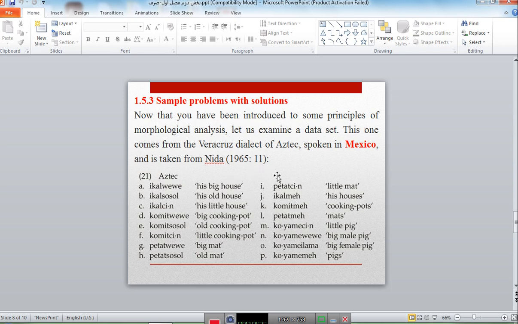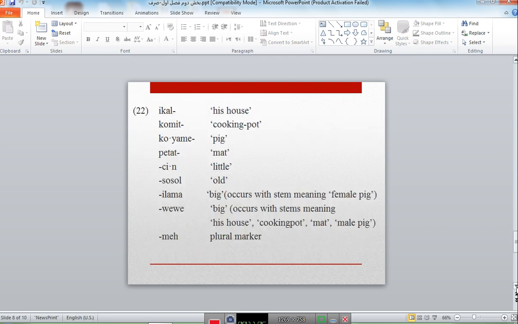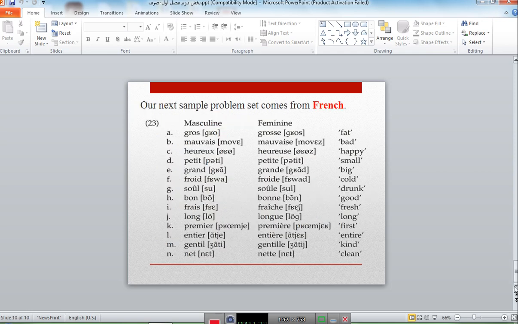This is an unfamiliar language for us, so by comparing the recurring morphemes and looking at the translation, you can divide these words into their morphemes. And these are the morphemes of this Mexican dialect. Ikal means his house, kamit means cooking pot. For example, koyame means pig, and the other morphemes you can break down and conclude the meaning of.